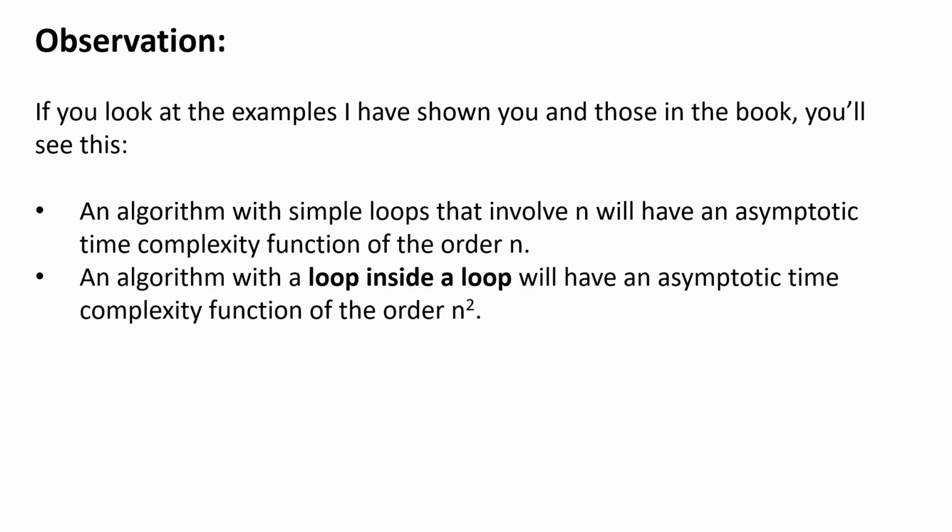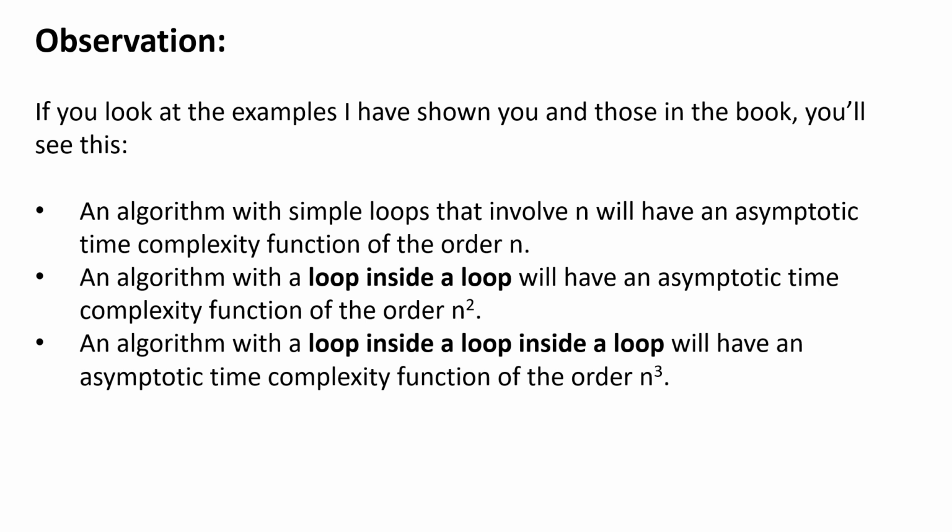But if we have an algorithm with a loop inside a loop, then it's going to have an asymptotic time complexity of the order n squared. Then we saw an example where we had a loop inside a loop inside a loop. It was like a 3-level loop there. Well, that ended up having the asymptotic time complexity function of order n to the third.